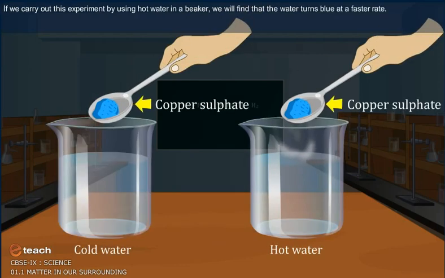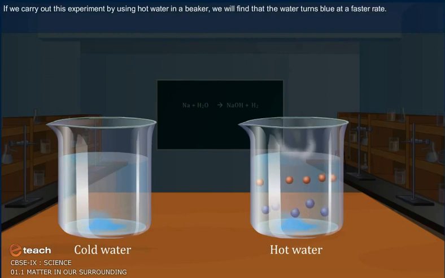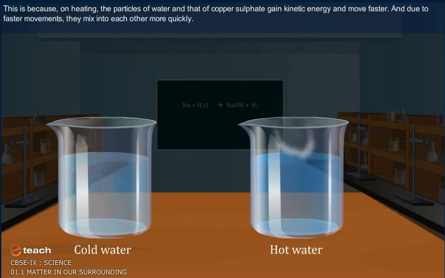If we carry out this experiment by using hot water in a beaker, we will find that the water turns blue at a faster rate. This is because, on heating, the particles of water and that of copper sulfate gain kinetic energy and move faster.